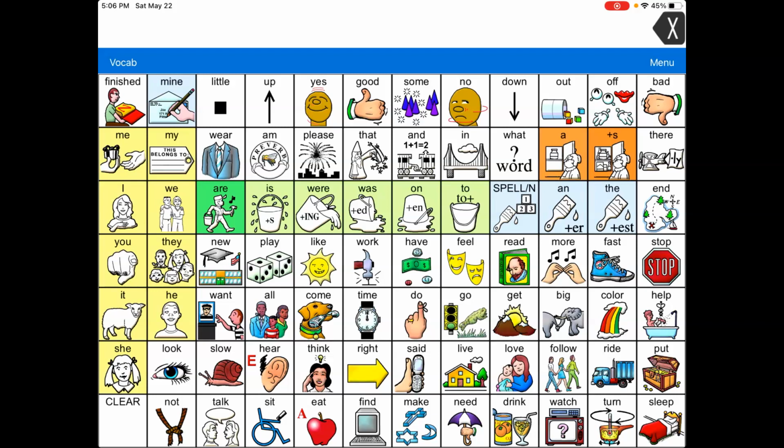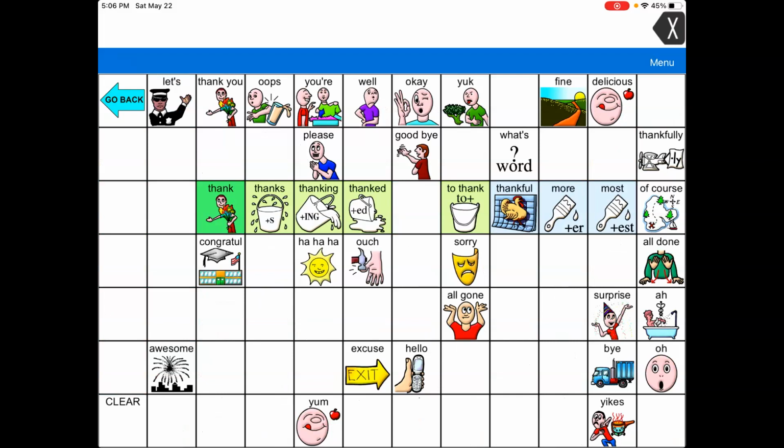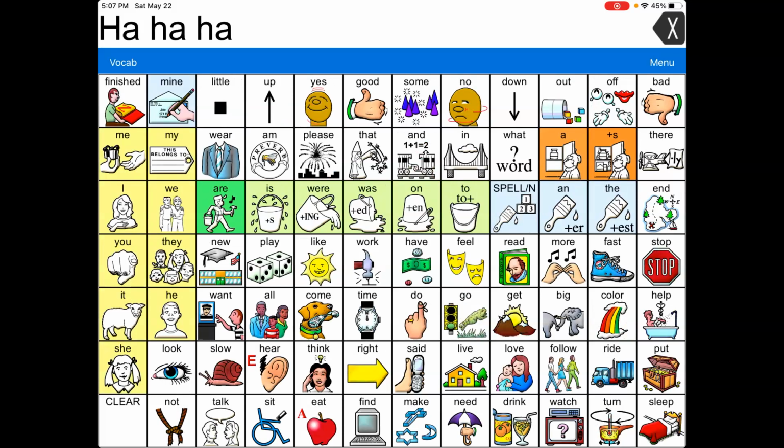These words pop in our conversation, like fireworks popping in the sky. So let's touch please. And you can see how awesome. We have words like thank you, oops, okay, yuck, surprise, and one of our favorites, if you go in the middle to the sunshine, ha ha ha, we can laugh. That's terrific.